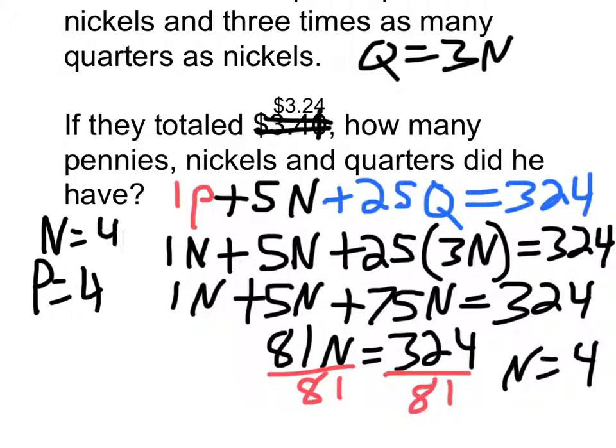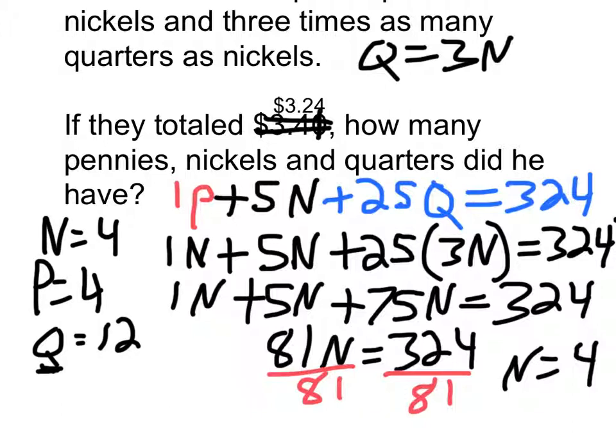And so that must mean if you plug this information in, the number of quarters is supposed to be 3 times as many nickels, so quarters is 12. That's 3 times 4. Let's add those dollars up here. Quarters, 25 cents each, so we have 12 quarters.